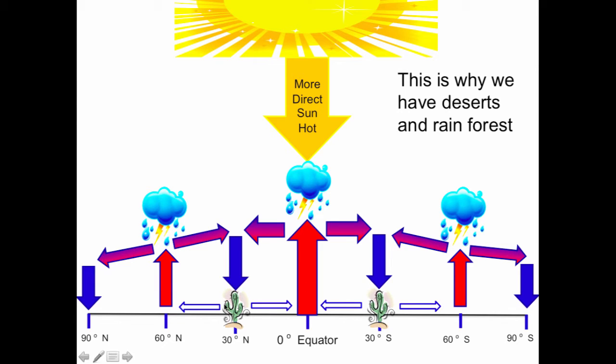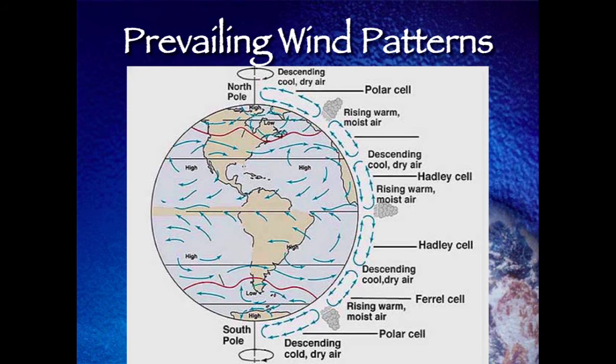But this explains why there are certain patterns, why the tropical rainforests tend to be around the equator, why we do have other really good forests around these latitudes. It's because of the convection of these Hadley cells that are occurring inside the atmosphere. And why the wind moves the certain way that it does.